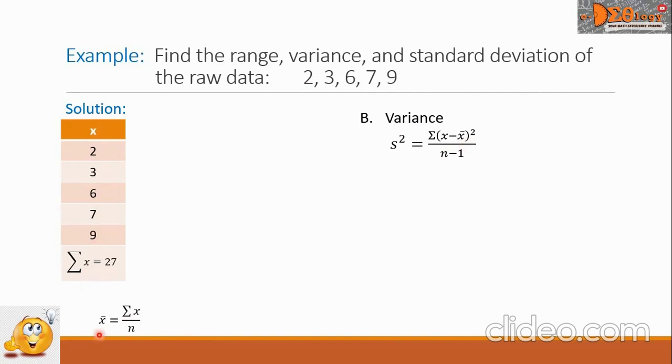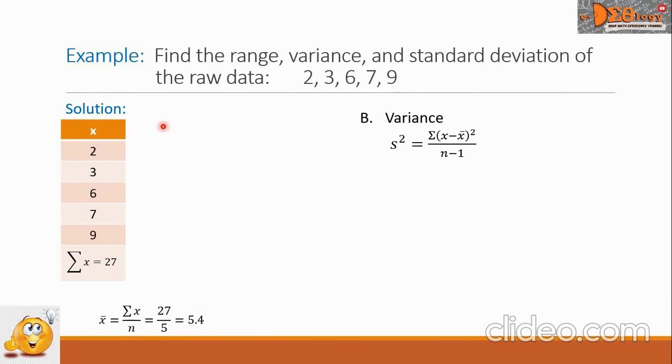This is the formula. x bar equals summation of x over n. Summation of x is 27 over the n here is 5. There are 5 numbers in our column. 27 over 5 is 5.4.